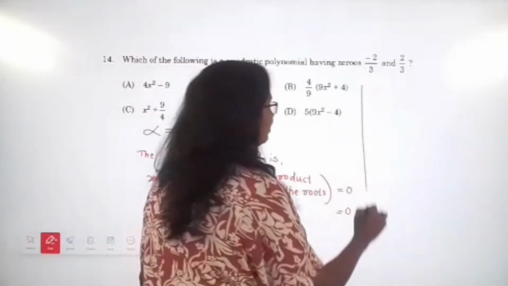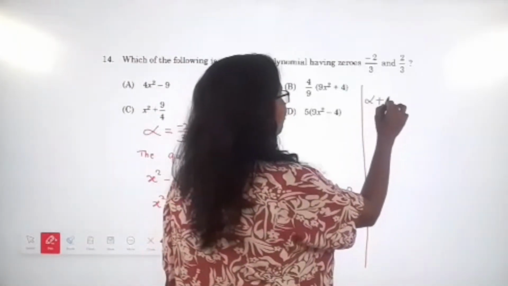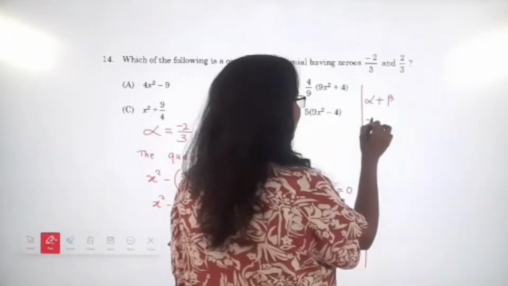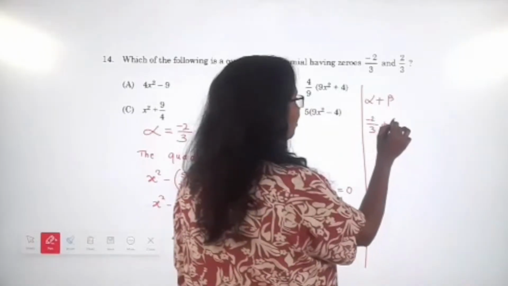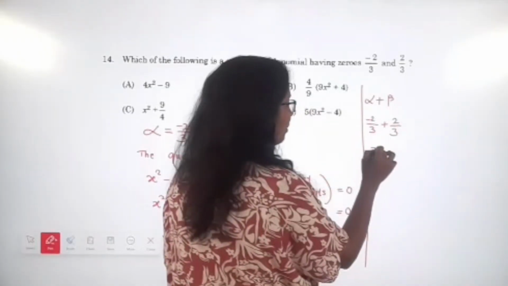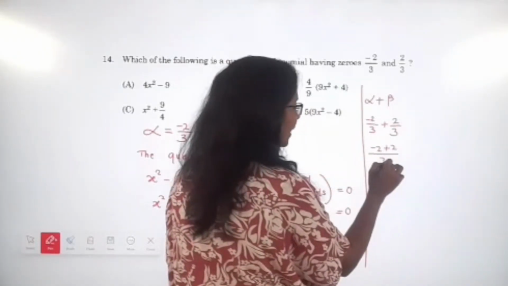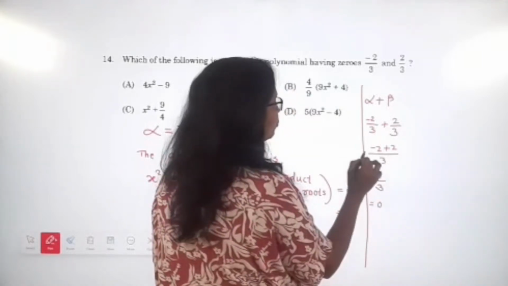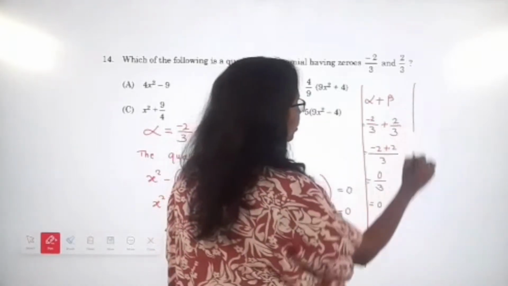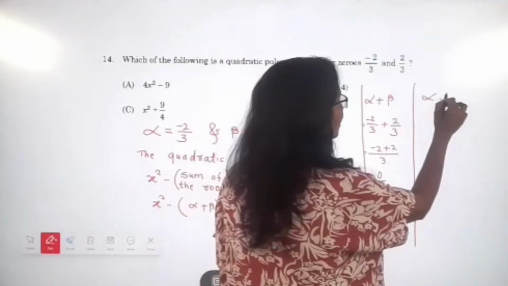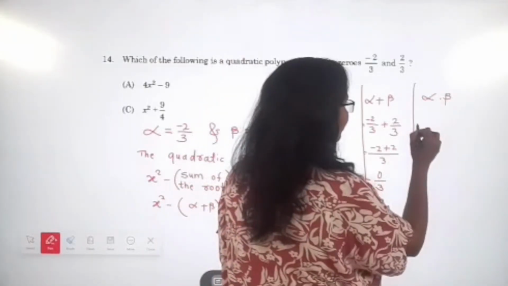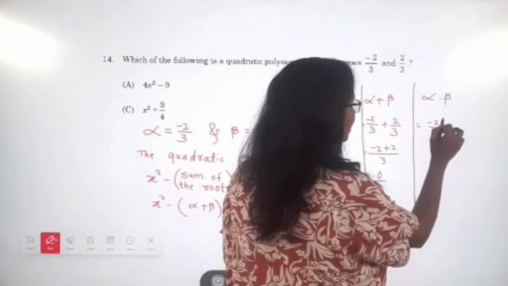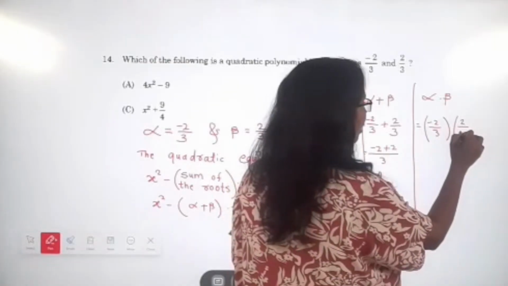So what is alpha plus beta? Alpha plus beta means minus 2 upon 3 plus 2 upon 3. So minus 2 plus 2 upon 3 means 0 upon 3, which is nothing but 0. Okay students, which is equal to 0. Now the product of the roots, that is alpha into beta: minus 2 upon 3 multiplied by 2 upon 3.